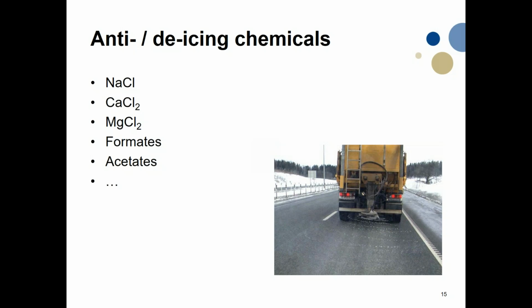There are tons of brand names, but the majority of those products consist of either sodium chloride, calcium chloride, or magnesium chloride in different forms, or non-chloride alternatives such as formates and acetates. Again, there are many different types and brands, but these are the main types of chemicals that are used for winter maintenance.